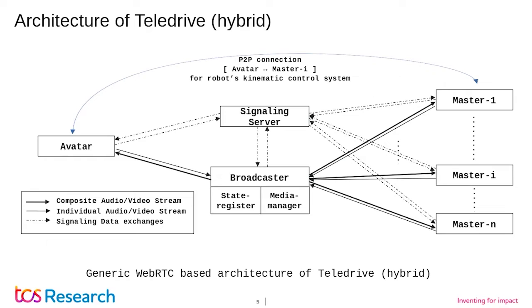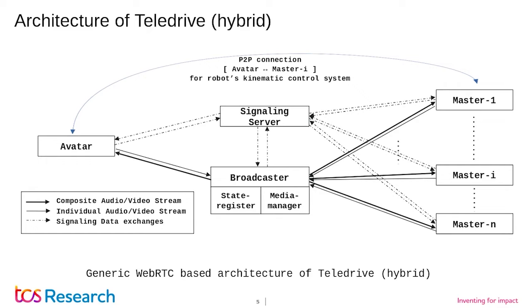In this slide we will describe our hybrid Teledrive architecture. As you can see, the signaling server is there to exchange the signaling data, and the broadcaster node is the central node of the cloud. Both the signaling server and the broadcaster are in the cloud. The broadcaster has two resources, one is the state register, another one is the media manager.